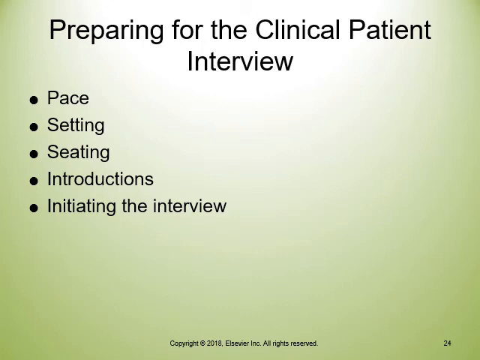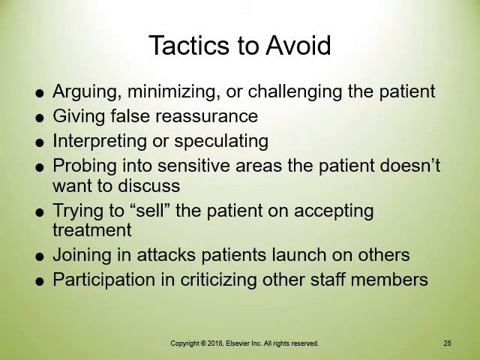There's tactics to avoid. There's a little box that's on page 150. Things to try to do, things to try to not do when you're interviewing. These are some of the biggies. Arguing. Avoid arguing and avoid minimizing. Don't challenge your patient.